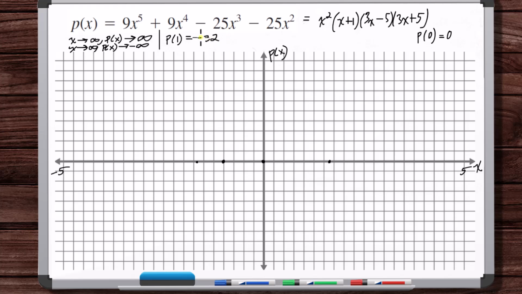Yeah, minus 32, but perhaps this dip goes further than minus 32. So how much further? How far do we make this axis go down? We just plugged in P of 1.